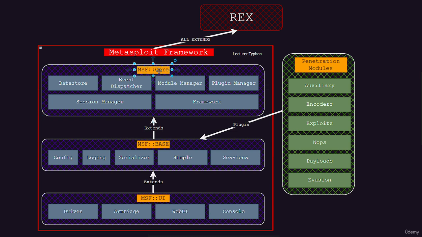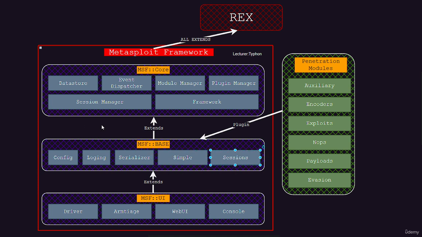Also remember that in MSF core we have data store, event dispatcher, module manager, plugin manager, framework, session manager, and so on. And in MSF base we have config, logging, the serializer, simple, and sessions. You will learn about simple and sessions later.